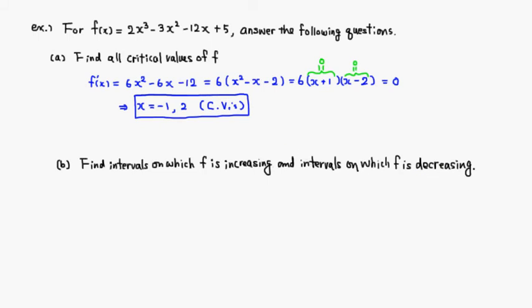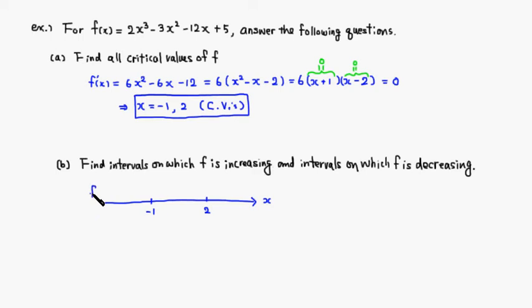In order to do that, we're going to do a number line. We're going to put tick marks for the critical values, negative 1 and 2. Then we're going to think about the sign of f prime.